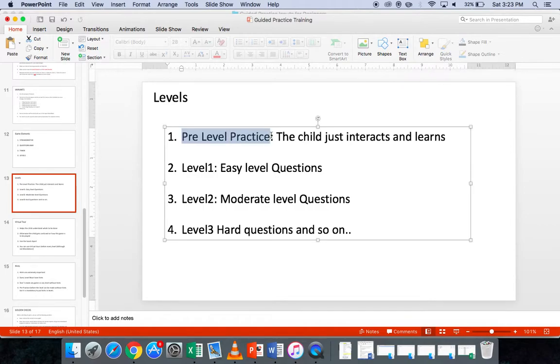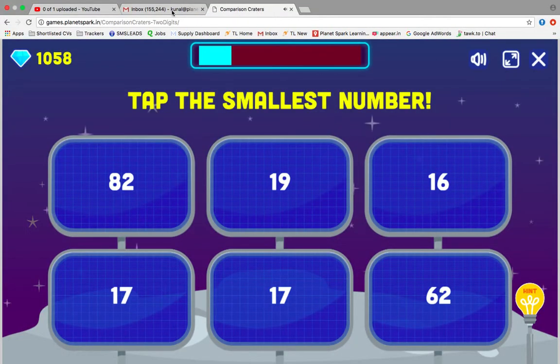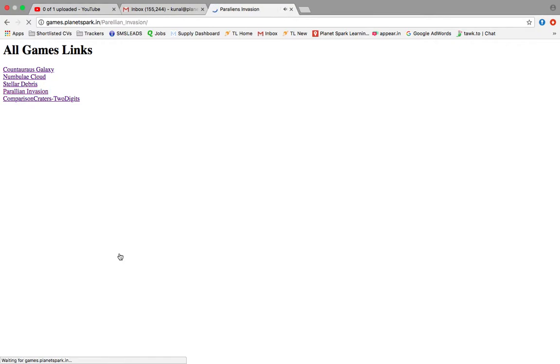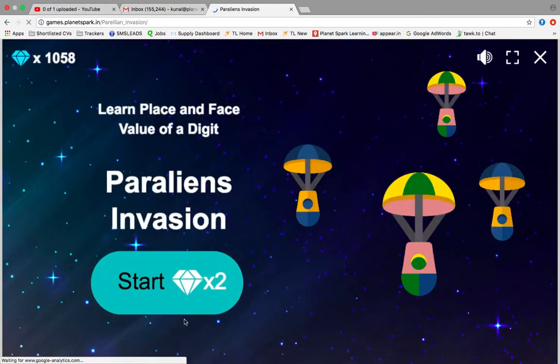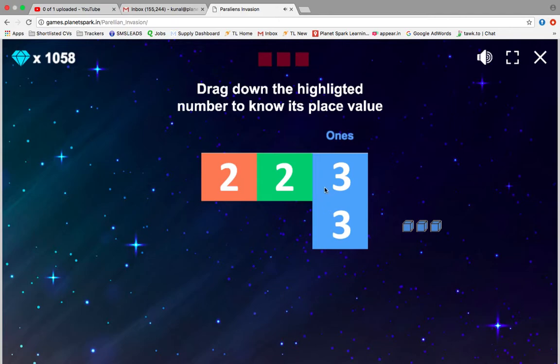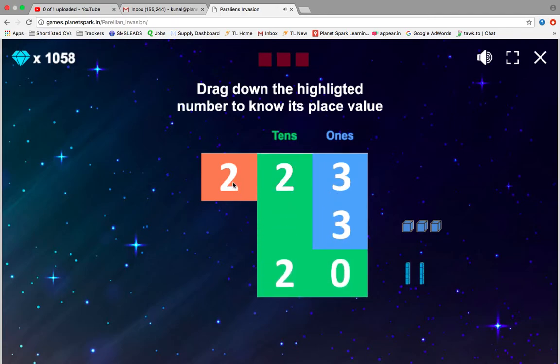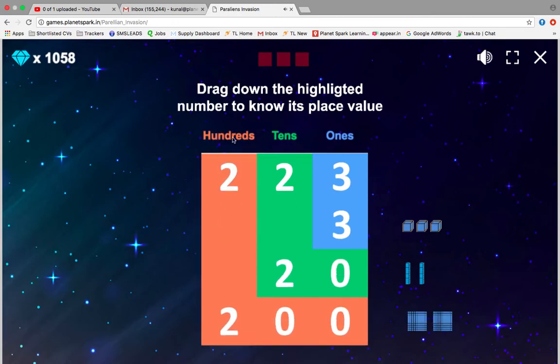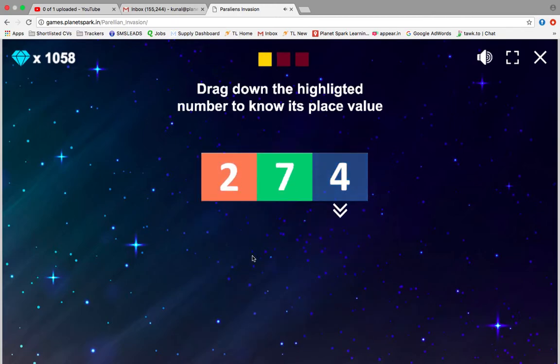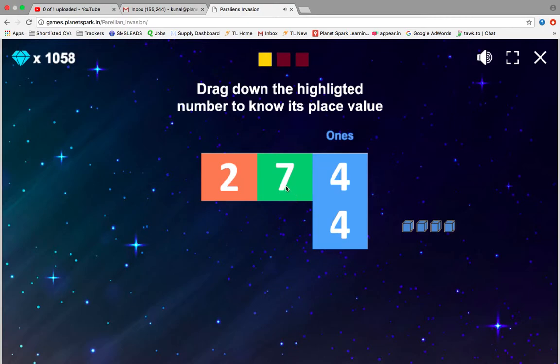Pre-level practice is something where the child just interacts and learns, as I showed you in the game called Peralien's Invasion. We used it beautifully there. You just had to drag and drop the place value. There are no questions or levels as such here. The child is dragging using her finger.